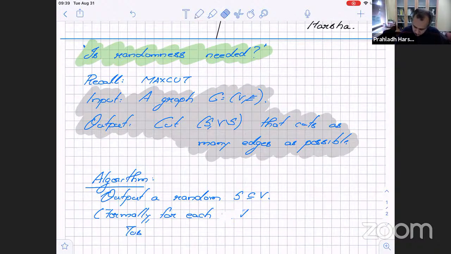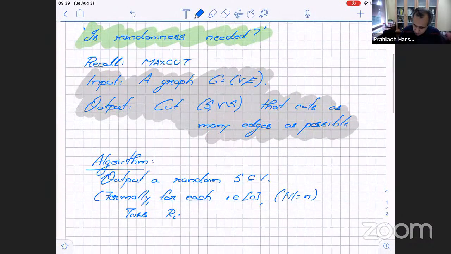For each vertex i in [n], so I'm going to call the set of vertices [n], toss coin r_i. If r_i equals 1, add v_i to S, else don't.